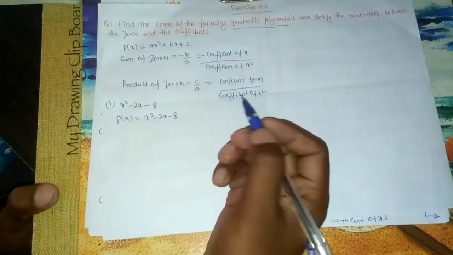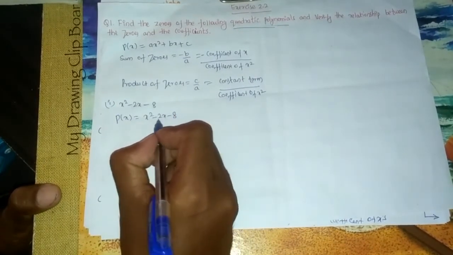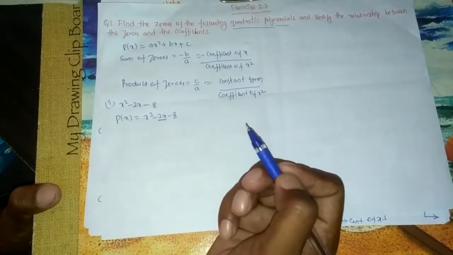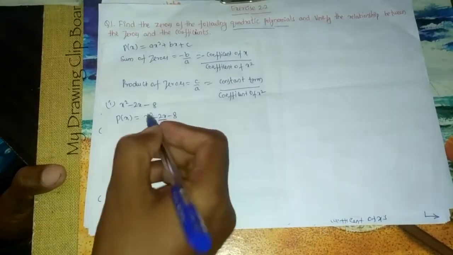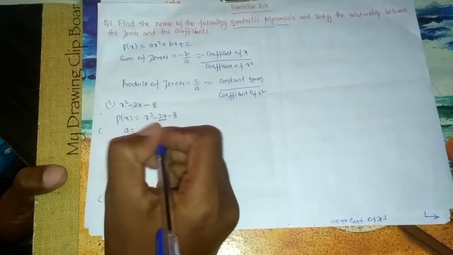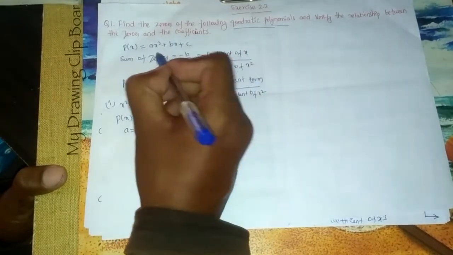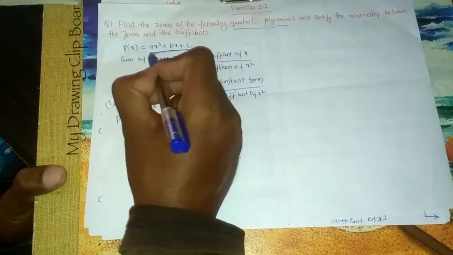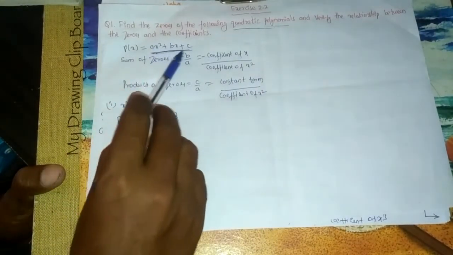Okay, so there are different methods to find the zeros. I will go with the splitting of the middle term. Before that, I will just write down what a, b and c are. This is our general quadratic polynomial, ax square plus bx plus c.